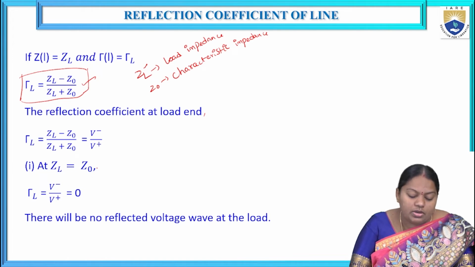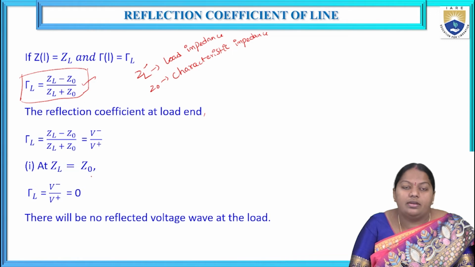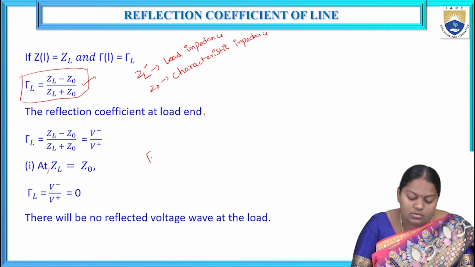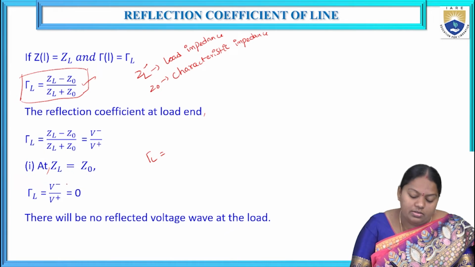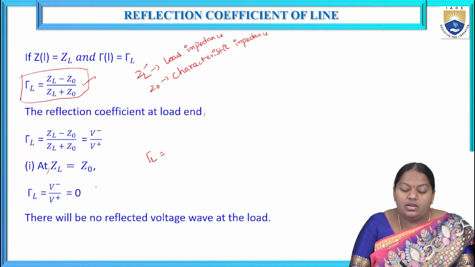Now consider the first case, ZL equal to Z naught. How does gamma L become? If you substitute ZL by Z naught, there is no change, because we are assuming ZL equal to Z naught as the condition.